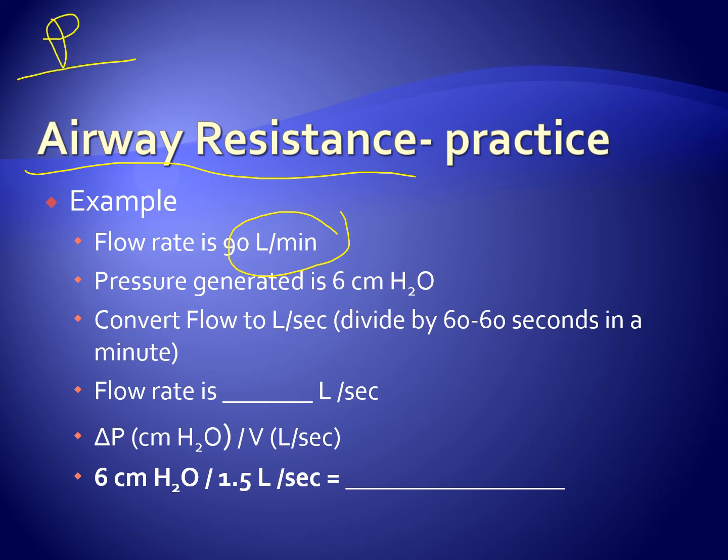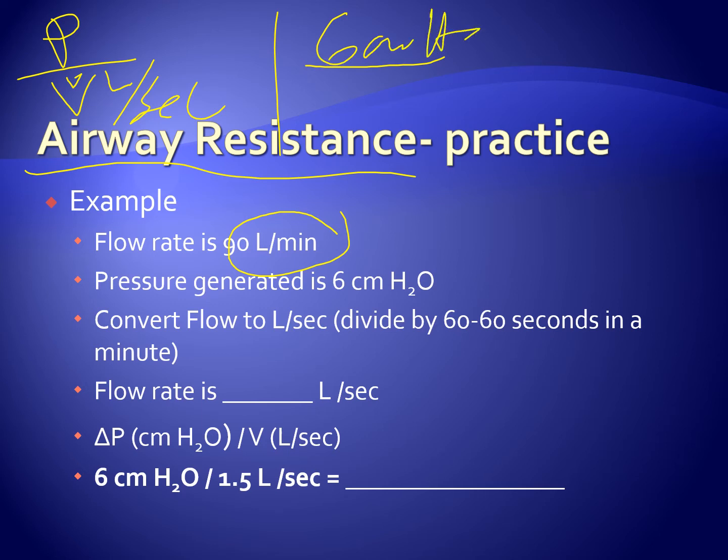Change in pressure over flow in liters per second. Okay, so my next part here is to plug in my numbers. So pressure generated is 6 centimeters of water pressure. And then I need to put in my flow in liters per second. But my flow is in liters per minute.